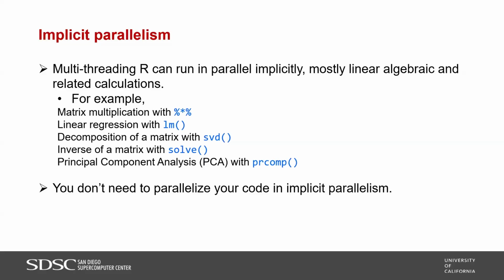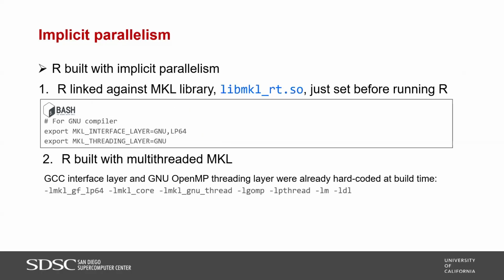For example, the matrix multiplications, the linear regressions, decompositions of a matrix, and the inverse matrix, and the principal component analysis. Those functions can be run in parallel implicitly once you have a multi-threading R. So you don't need to parallelize your code to run them in parallel.